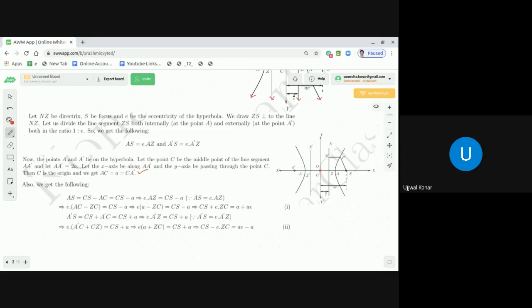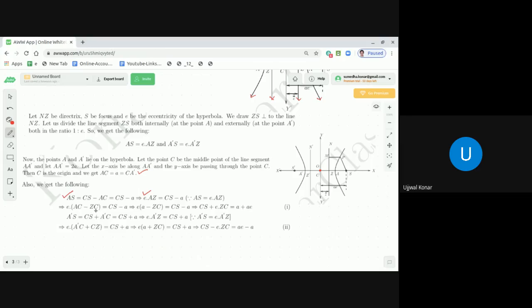Look here, AS is equal to CS minus AC. That means AS is equal to CS minus a, where AC is lowercase a, and AS is nothing but E into AZ, which we already derived. So what we get is E into AZ is equal to CS minus a.